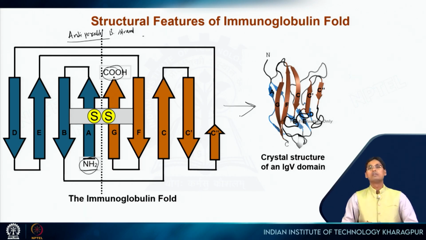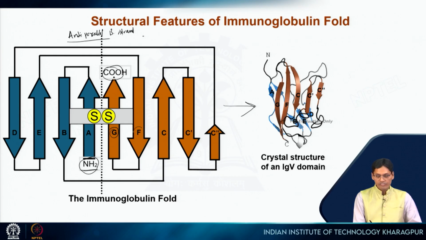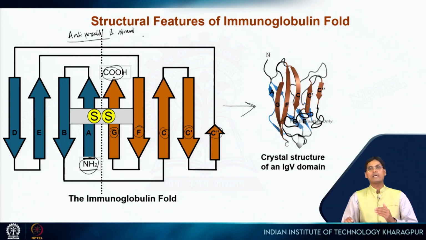That's why I colored them in a different way: G, F, C, C prime and C double prime are present on one face, and the other strands A, B, E, D are present on the other face. This is called the beta sandwich topology of the immunoglobulin fold.